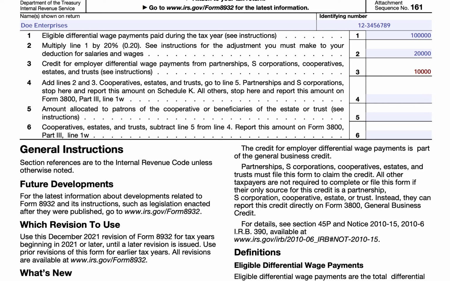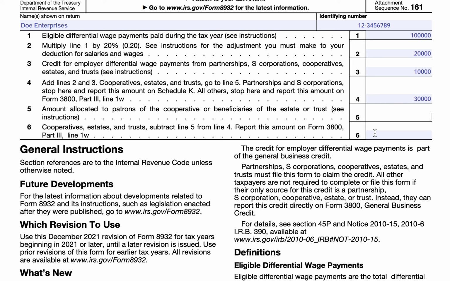So we're going to go to line 4, where we will add lines 1 and 2. So if you're a partnership or an S corporation like Doe Enterprises, then we would stop here and report this amount on Schedule K. If you're a cooperative, an estate, or a trust, you would go on to line 5, and we'll walk through lines 5 and 6.